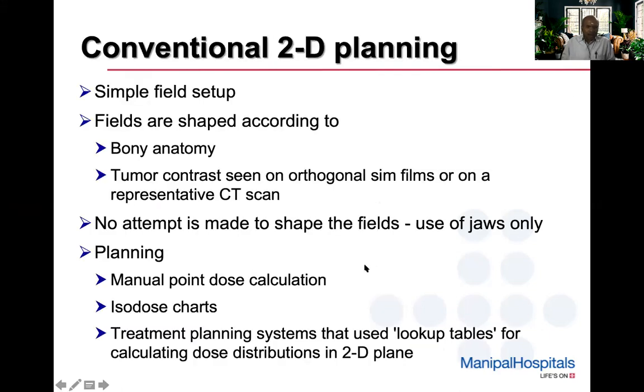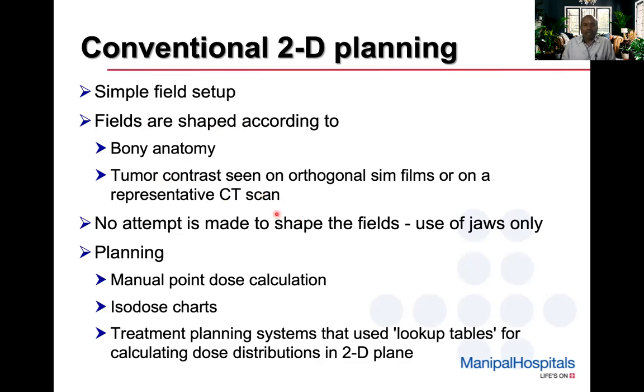To start with, in conventional 2D planning, we always use a very simple field setup. And the fields are normally shaped according to the bony anatomy or according to the tumor contrast that we see on orthogonal simulator films or on a representative CT scan.